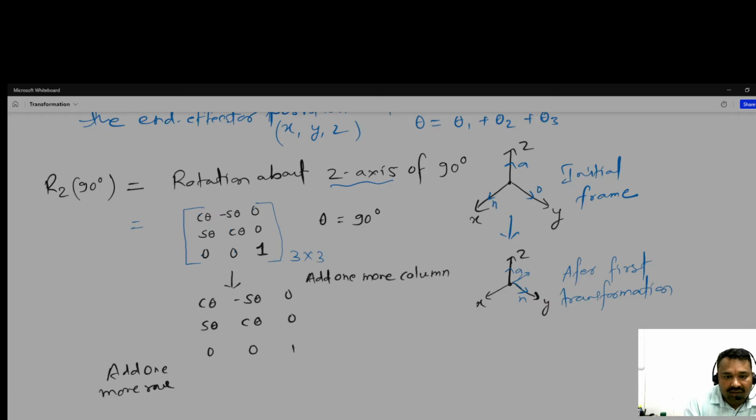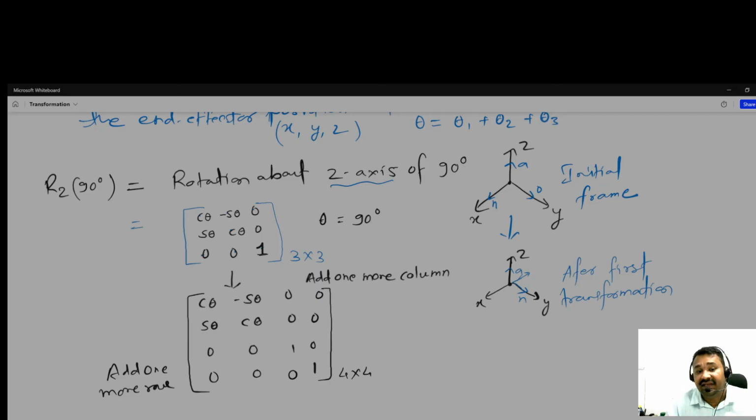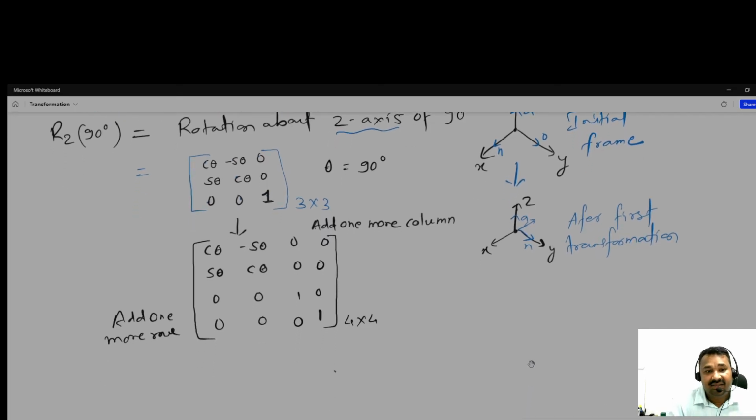This one will be 1, and all the other elements column-wise and row-wise corresponding to it will be 0. Then it becomes 4 by 4. So what we are doing here is maintaining the homogeneous matrix, converting the 3 by 3 matrix into a 4 by 4 so that we can multiply all the matrices.